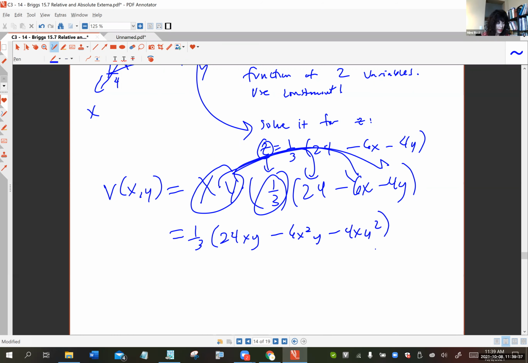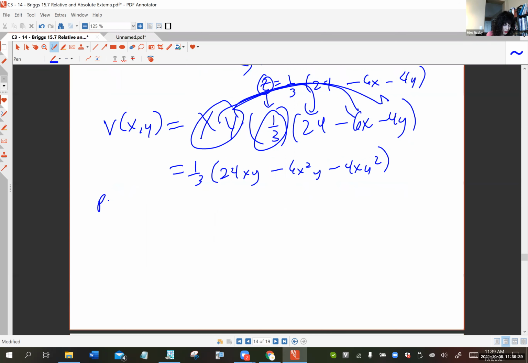Oh my God. Yeah. And the partials. What are the partials? Vx and Vy. Here we go. Vx is 1/3 times the quantity 24y minus 12xy minus 4y squared, right?